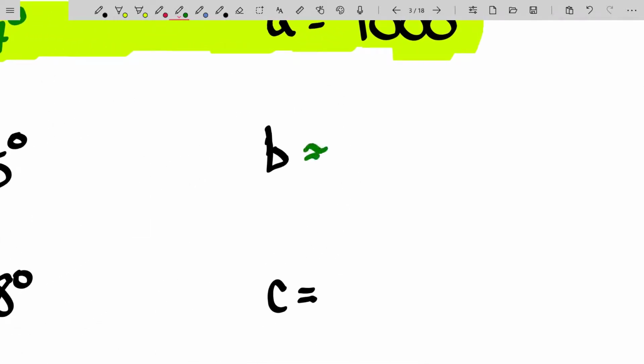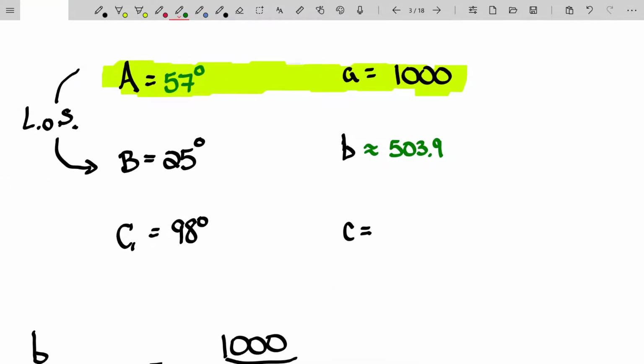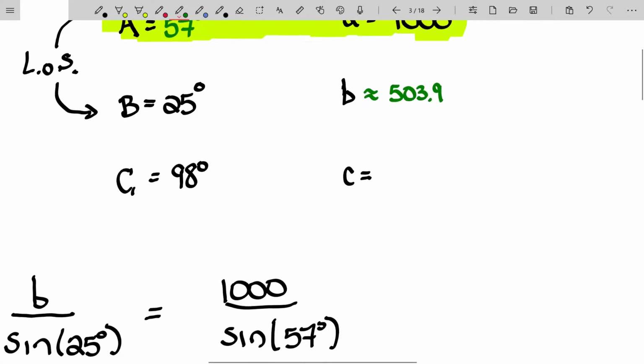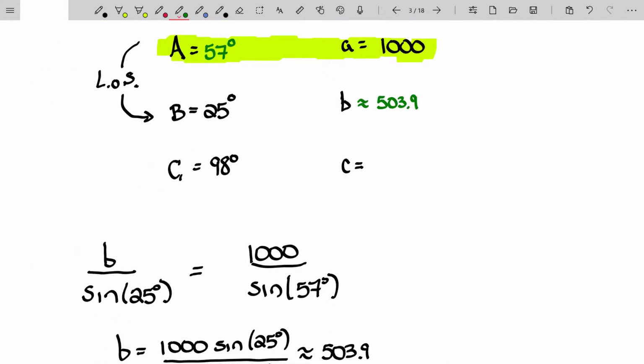And remember, if you didn't watch my previous video on the law of sines, if you're not one of my students, but instead you just happened upon this video on YouTube, I said in a previous video that you should not use an approximated value if you have a choice to get another value.